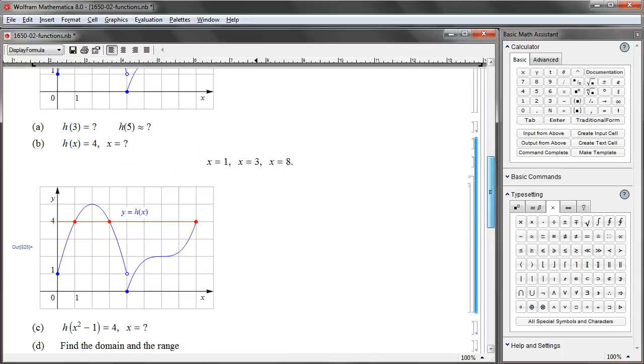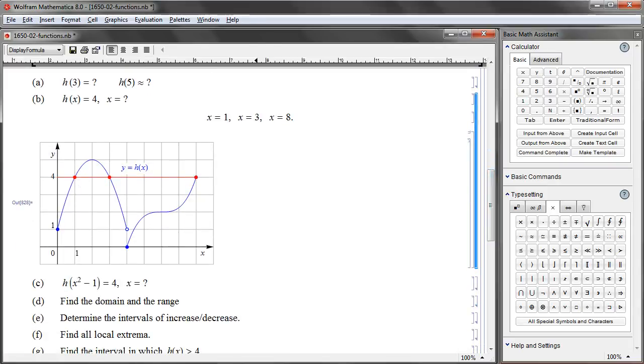Draw a horizontal line, as you can see here. If you do that, then what do you get? The y value is 4 at those 3 crossing points. So those x-coordinate values are x equals 1, x equals 3, and x equals 8 respectively.